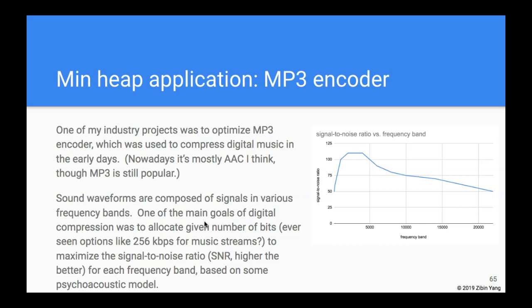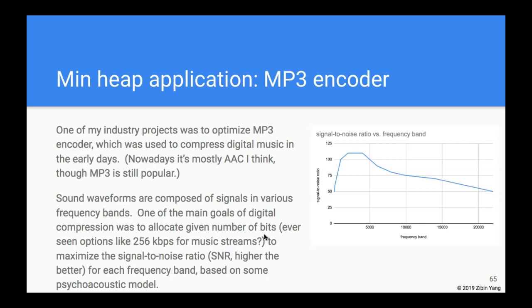Now, one of the main goals of digital compression, what an MP3 encoder does, is to allocate a given number of bits to maximize what's called the signal to noise ratio for each of the frequency bands.